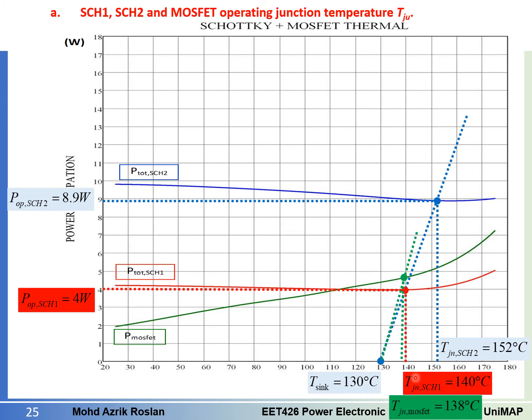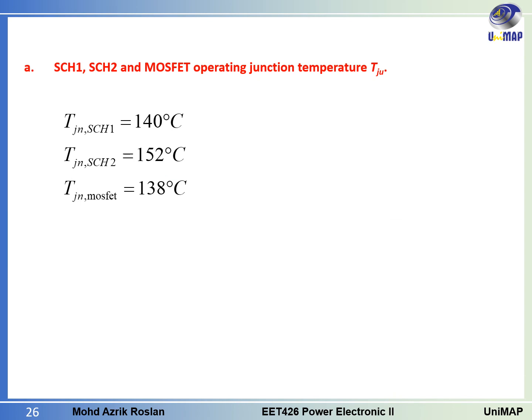So the junction temperature for the Mosfet is 138 degrees C. And when we draw a straight line to the y-axis, you will get the power of the Mosfet is 4.6 watt. So this is the operating junction temperature for Schottky 1, Schottky 2, and the Mosfet.